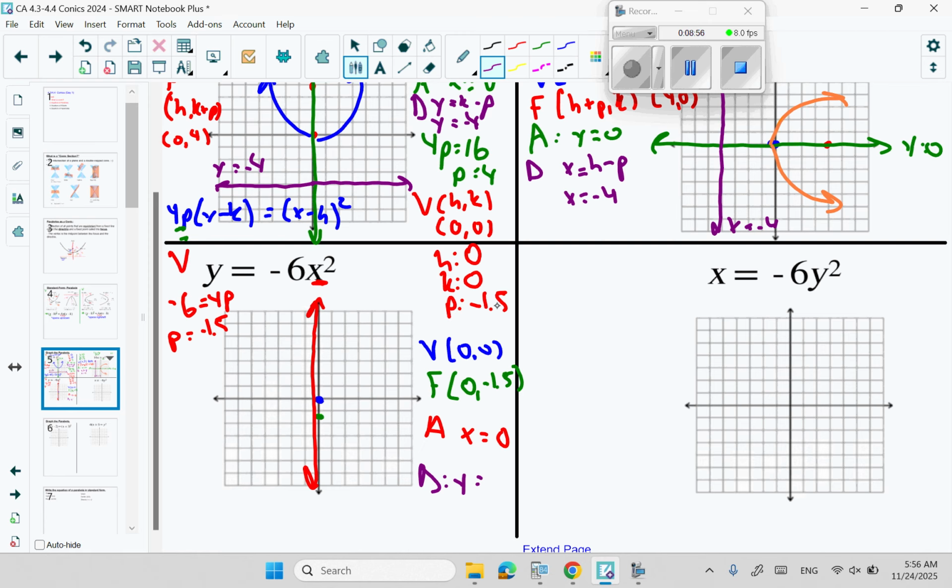So I'm going to get 0 minus negative 1.5. That's going to give me positive 1.5 because subtract negative is a positive. And then, of course, our parabola opens towards our focus, away from our directrix. This one would just be similar to the last one.